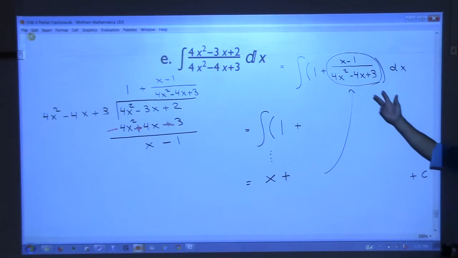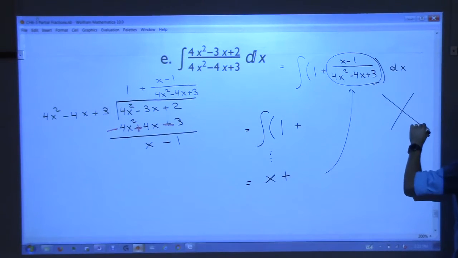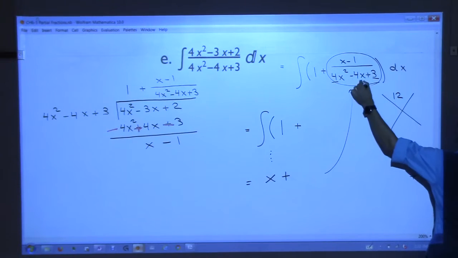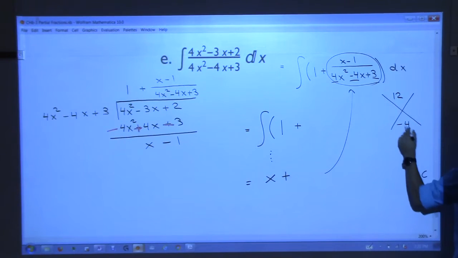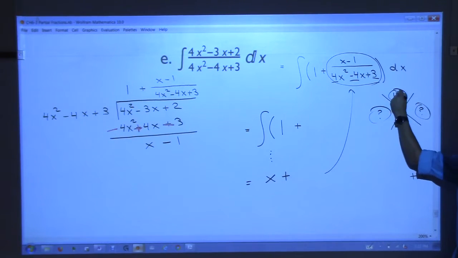So I asked if this factored, right? I'm wondering how you're checking if it's factoring. I check it by multiplying a times c and getting 12, and then looking at the number in the middle, -4, and coming up with two numbers that multiply to this and add up to this.